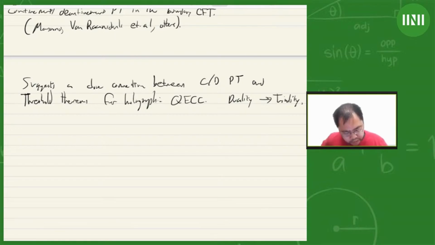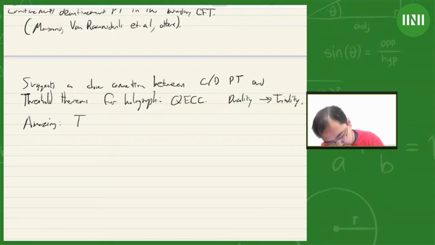So this might seem kind of random, but it's actually kind of amazing. Because this connection between the confinement-deconfinement phase transition and threshold theorems for quantum information science has actually been studied before in a completely different context.